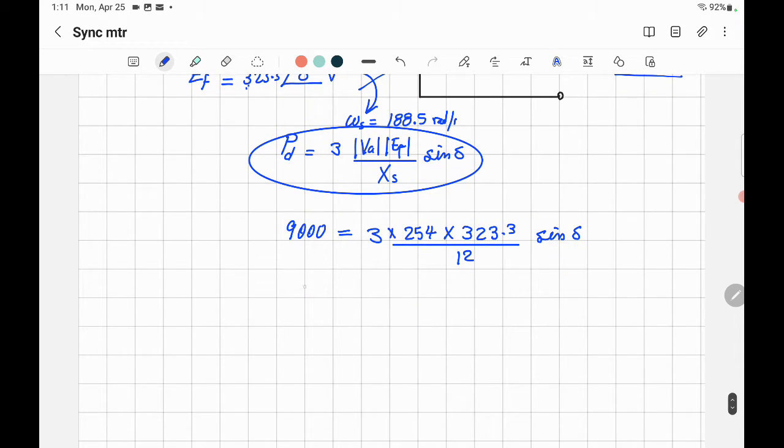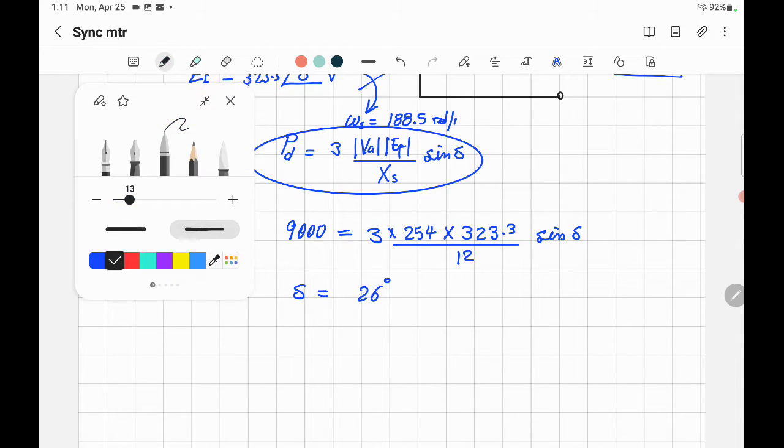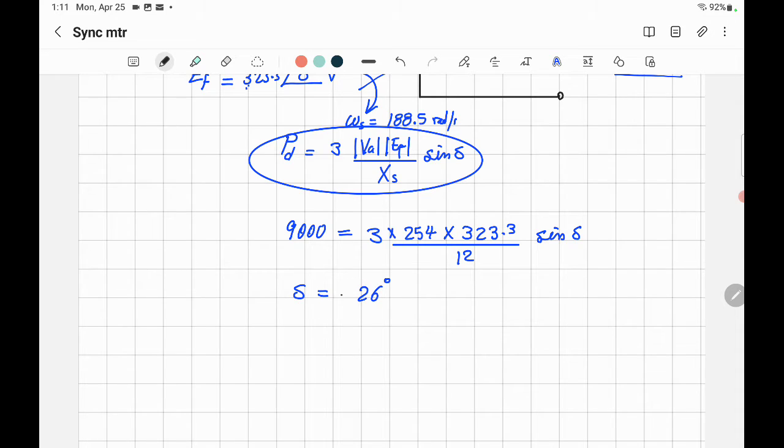So when you do that, you take arc sine, and then you will find it is equal to 26 degrees. But if you leave it like that, that will be wrong. Why? Because it's a synchronous motor, and always the torque angle should be negative. So don't forget to put the negative sign there.